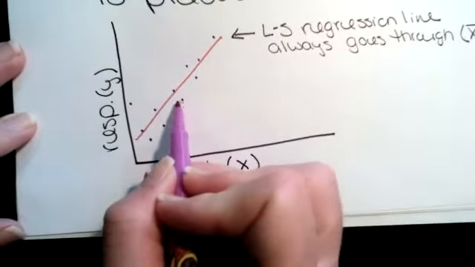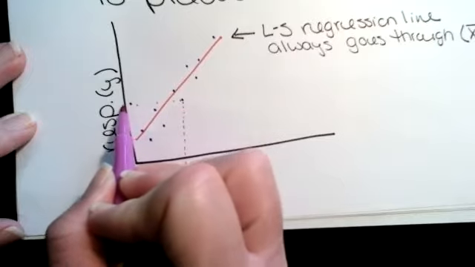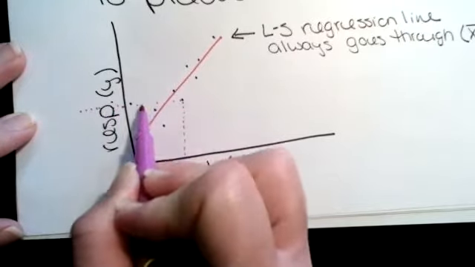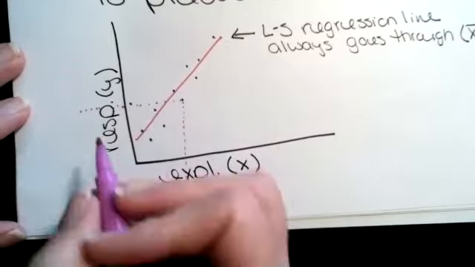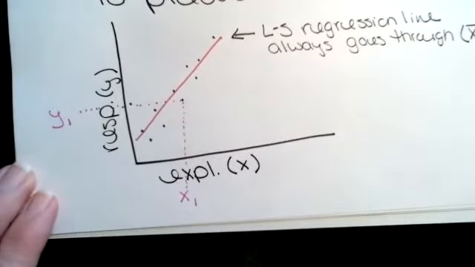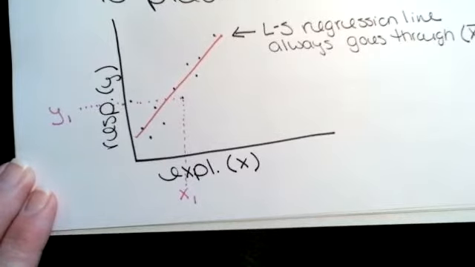And if I brought my dotted line over to my y-axis, this would be y1. So that would be point x1, y1.